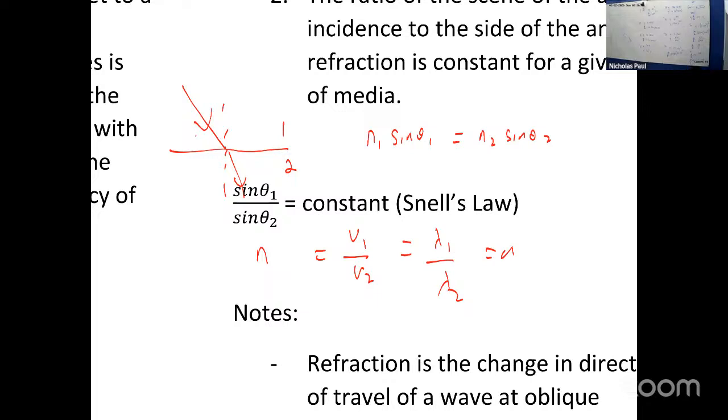In this case, it's the refractive index of 2 with respect to 1. What do we refract in? Medium 2. So the refractive index of 2 with respect to 1.